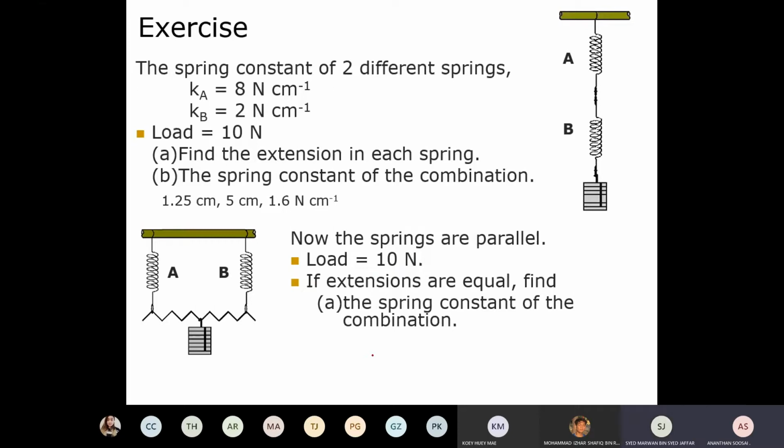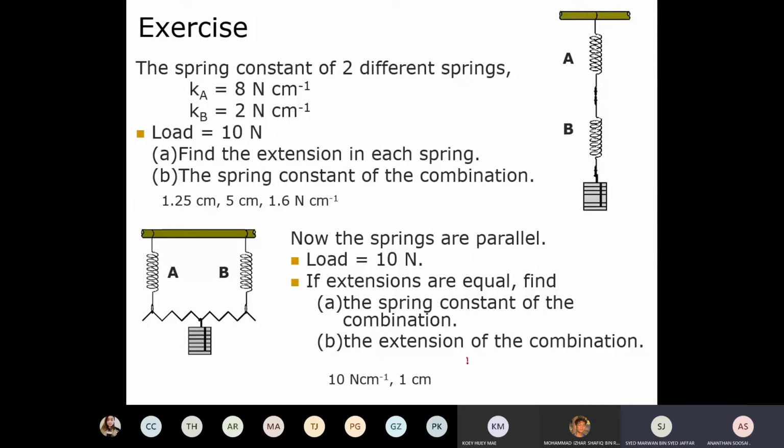What is the spring constant of the combination? How do you find it? K1 plus K2: the spring constant is just 8 plus 2. The two K's add up, you get the total K. Then what is the extension of the combination?